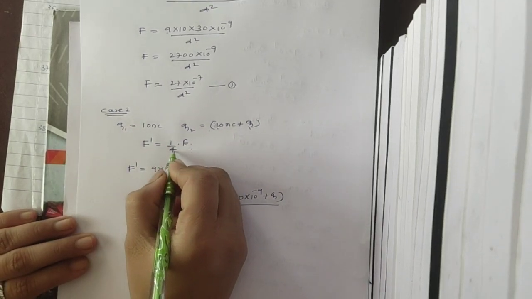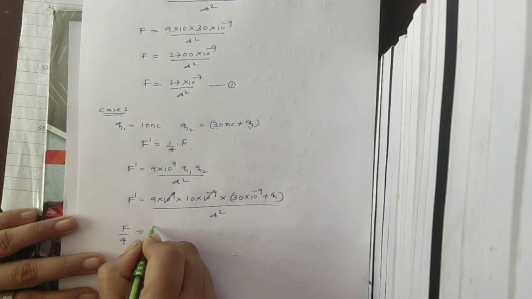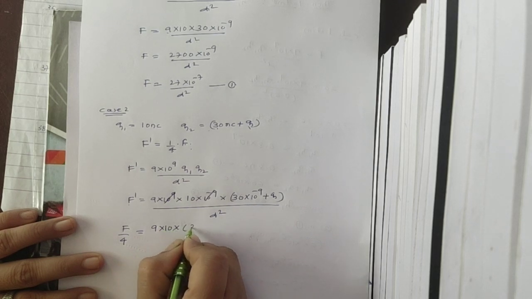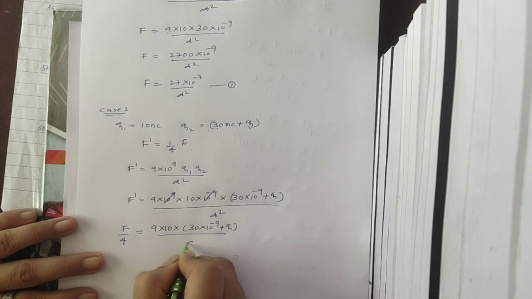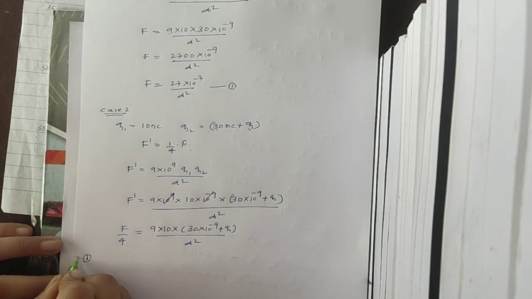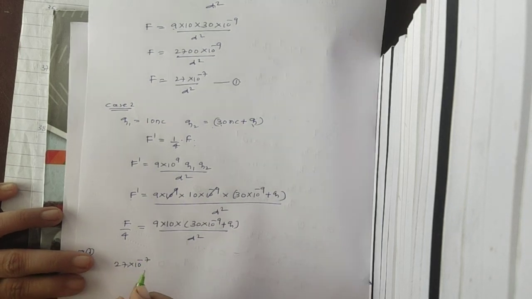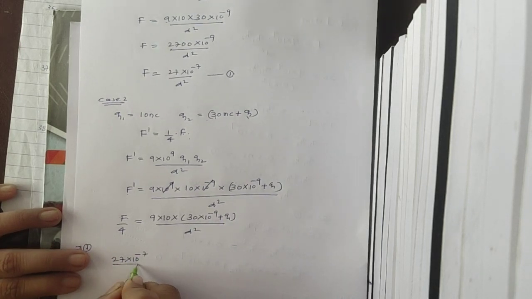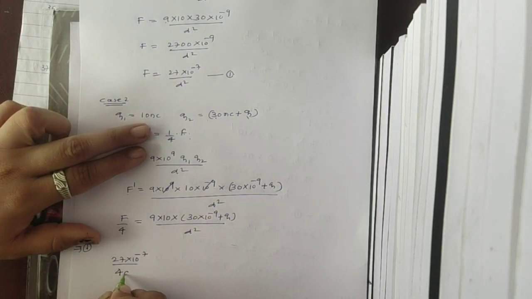F dash is F divided by 4. So now substitute equation 1. F is 27 into 10 to the power minus 7 divided by 4D square.